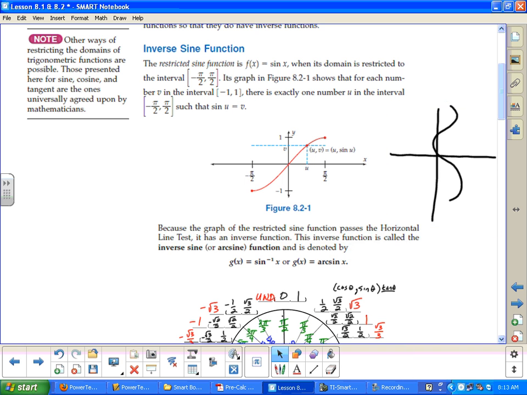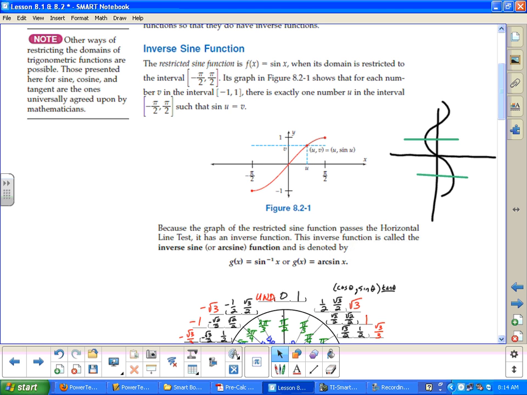Now, is that a function? It would look like this, and that's not a function, is it? So we have to restrict the values so that it is a function. For sine, we restrict the values from here to here. These were negative 1 to 1.